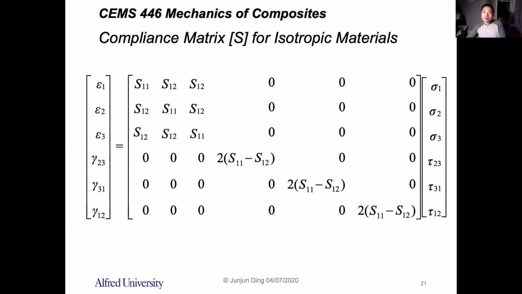For isotropic material, I've shown you this compliance matrix before, right?